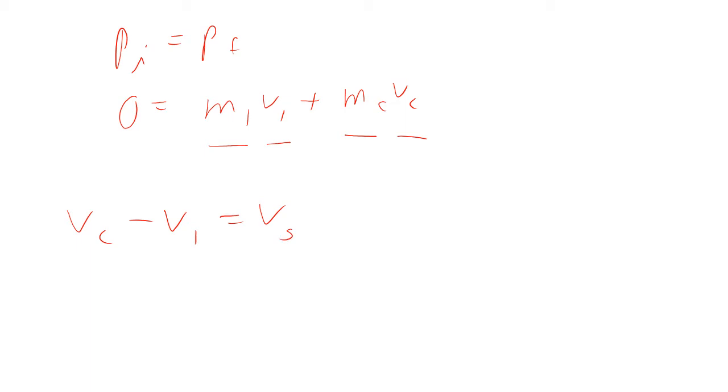So we can just do a little bit of algebra here. We can say that V1 equals VC minus VS, and then take that and plug it in right up there. So that would say that 0 is equal to M1 times (VC minus VS) plus MC VC.